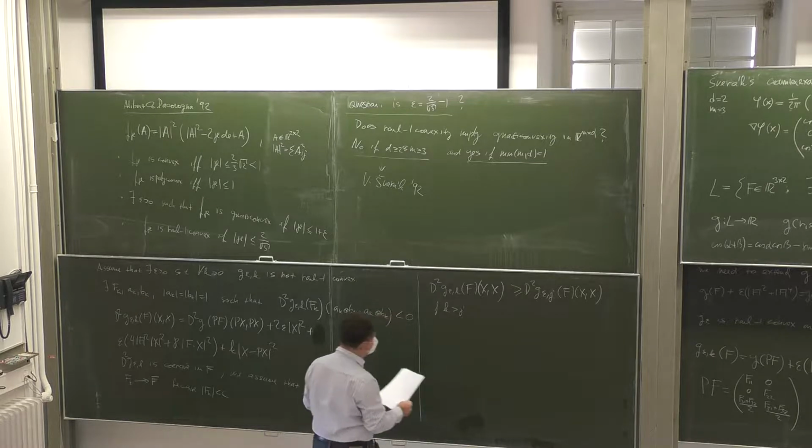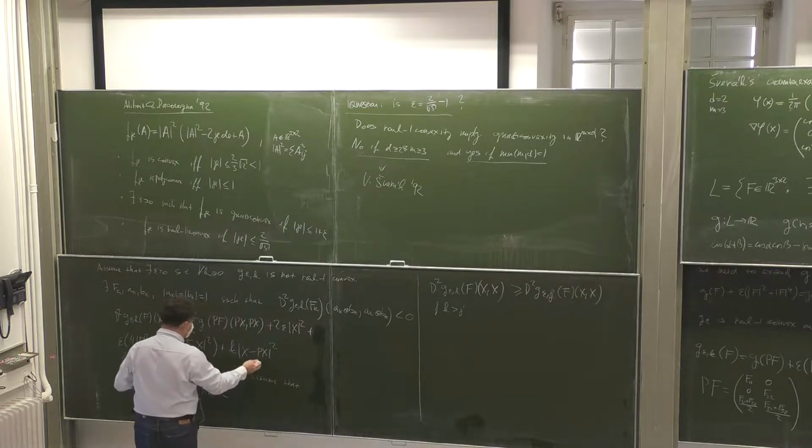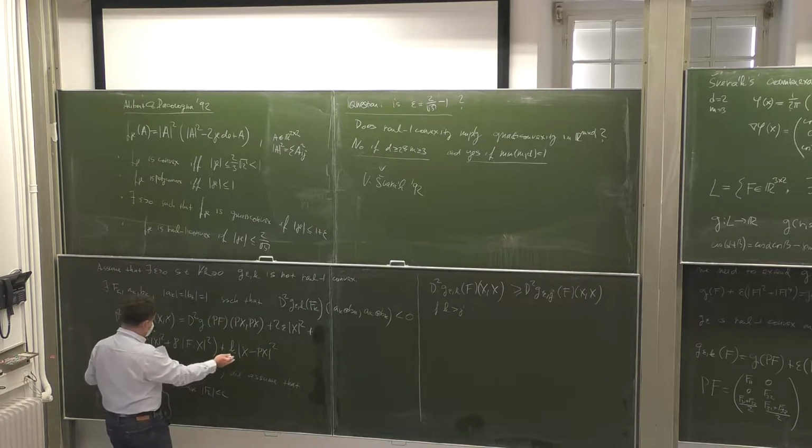So we can assume finally that this has to be negative for every k, so I would know that this has to be negative.